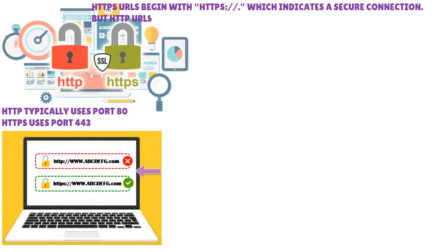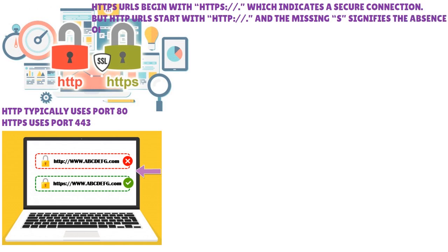You see this a lot for banks, for e-commerce stores, for any company that really wants to assure the public that it has taken great pains to secure the data communicated to its platform. So an HTTP URL starts without the S. The missing S signifies the absence of security.